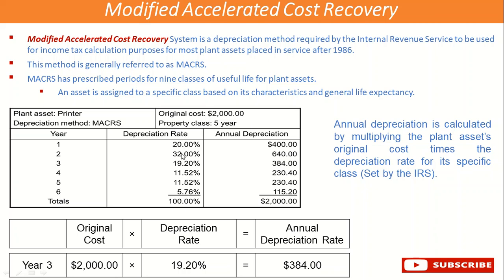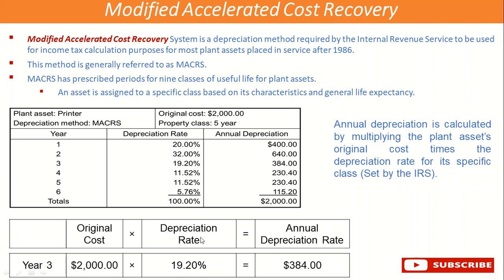For example, we have a printer of original cost $2,000. It has a property class of 5 years. For year 1 the rate was 20%. For year 2 it was 32%, and this is set by the department. We didn't calculate it. For year 3 it was 19.2%. So how did we calculate the depreciated amount for year 3?